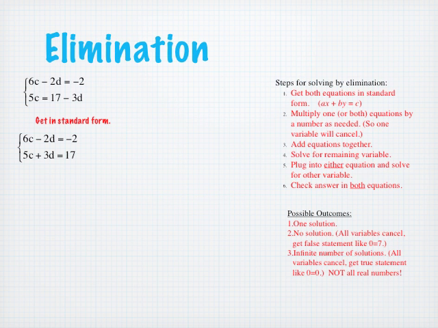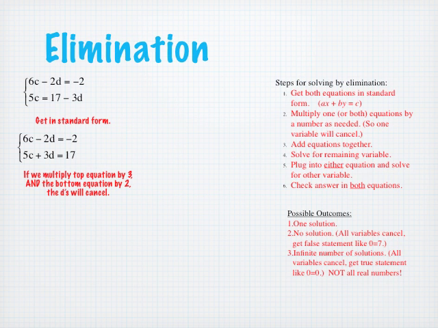If I wanted to get the d's to cancel, again, think common denominator. I'd want both of those to turn into a 6d and a -6d. So I'd multiply the top by 3 and the bottom by 2. Either course of action is totally fine. So let's multiply the top equation by 3 and the bottom equation by 2.